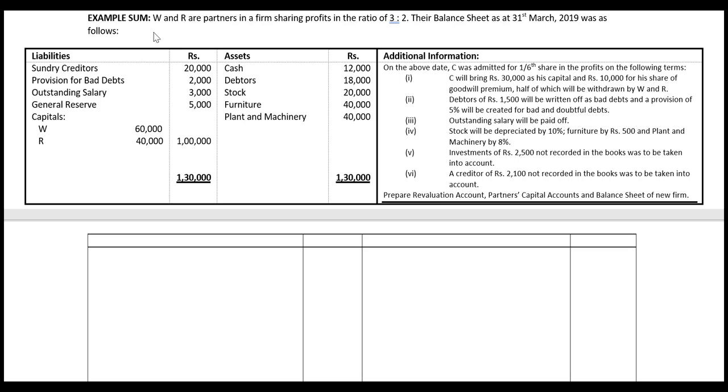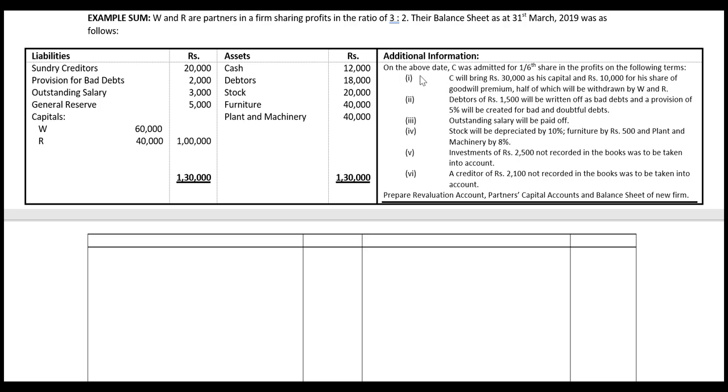Example sum. W and R are partners in a firm sharing profits in the ratio of 3:2. The balance sheet as at 31st March 2019 was as follows. We have the balance sheet that is given to the left of the screen. Additional information is given to the right of the screen.